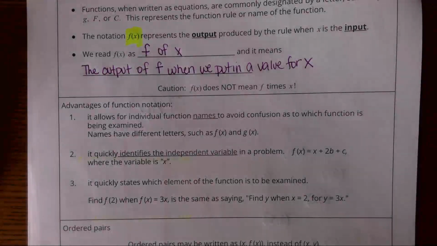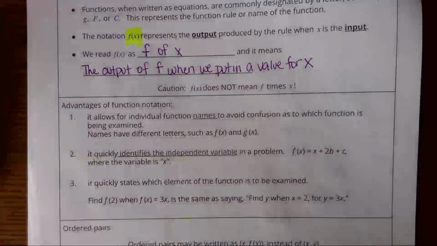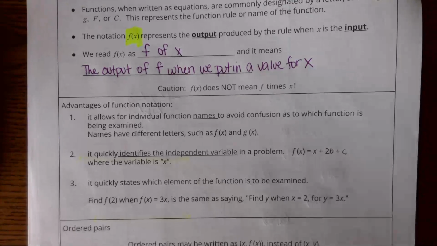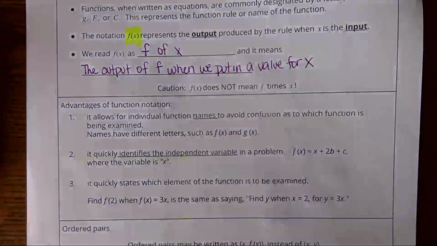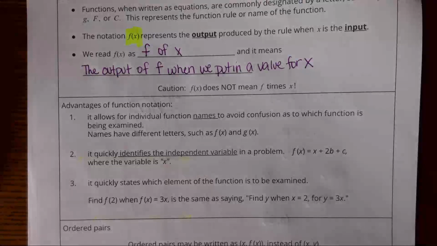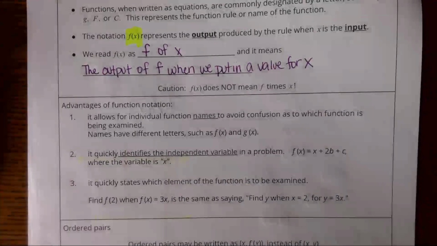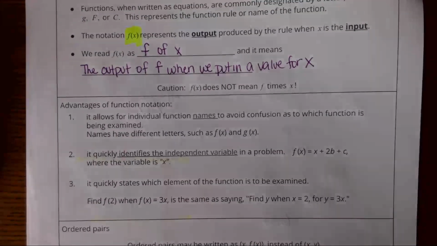Other reasons. Normally we have y equals mx plus b. Remember hearing about that last year? Yeah, slope-intercept form. In function notation, we can pick letters that go with what we're trying to find. Like if I'm trying to find area, I may pick A. If I'm trying to find perimeter, what letter would I pick? P for perimeter or V for volume.